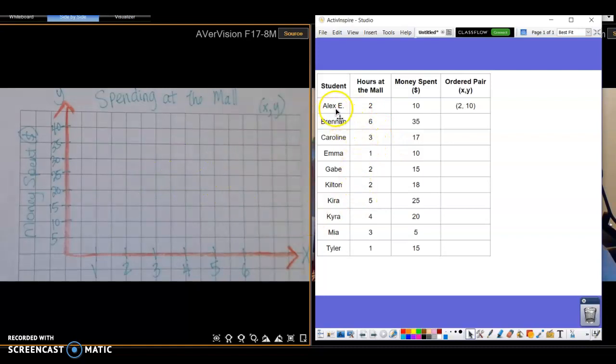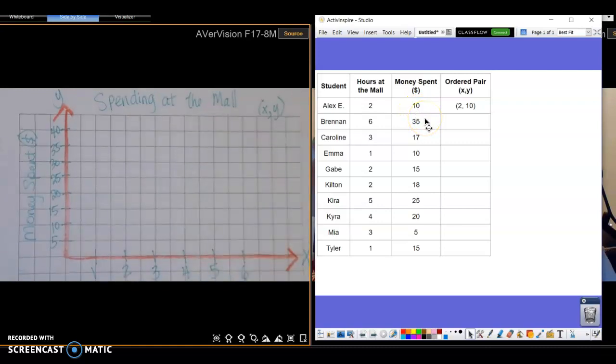The first one is Alex E. We're going to pretend that Alex had 2 hours at the mall and he spent $10. To graph this, I'm going to turn it into an ordered pair: the hours at the mall are my X numbers, and the money spent is going to be my Y numbers. So 2 hours at the mall is $10 spent.